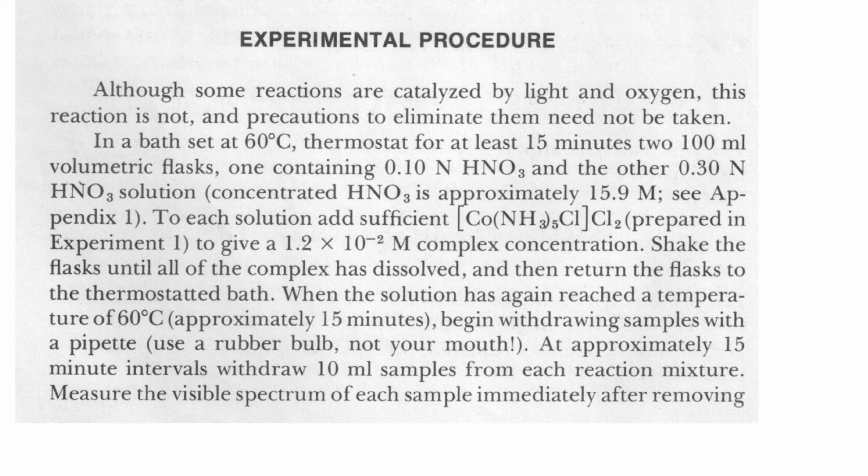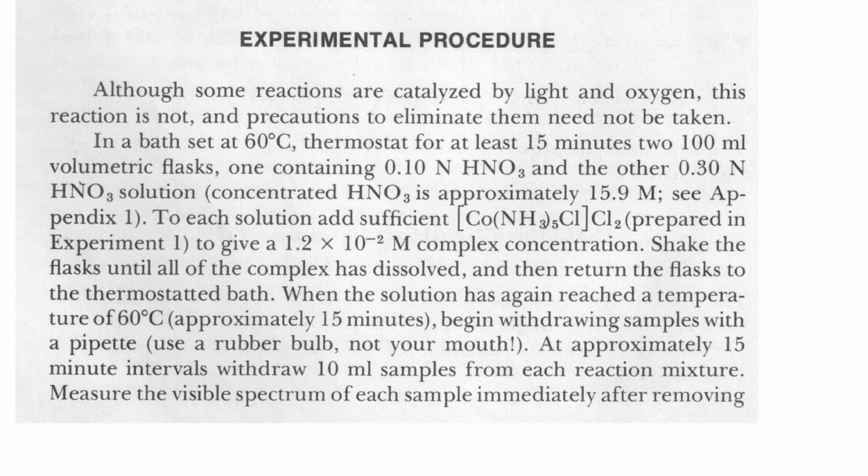One is a 100 ml volumetric flask filled with 0.1 molar HNO3, and the other 100 ml flask filled with 0.3 molar HNO3. Now, at home, before you come in the lab, you calculate the concentration of the complex, how much weight you need to form a 1.2 times 10 to the minus 2 molar solution in 100 ml of this complex.